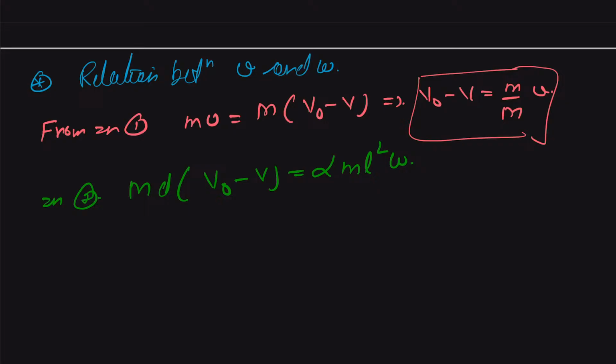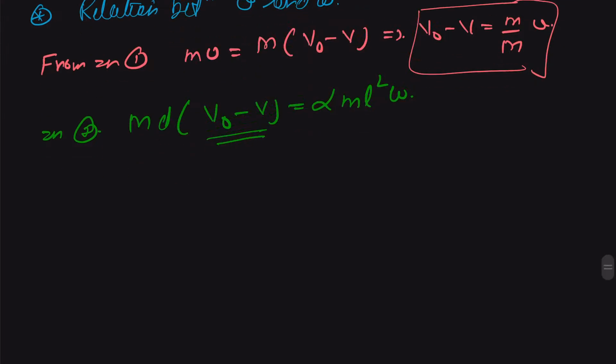We can substitute the value of v naught minus v, and we get this as m d times (m upon capital M) V is equal to alpha m L square times omega.